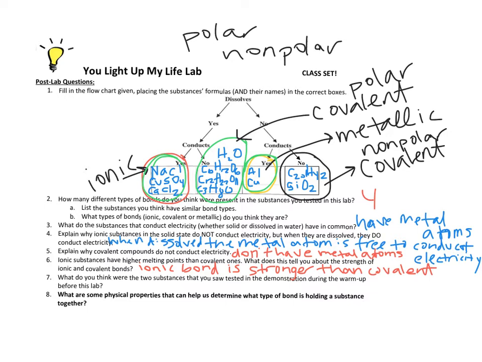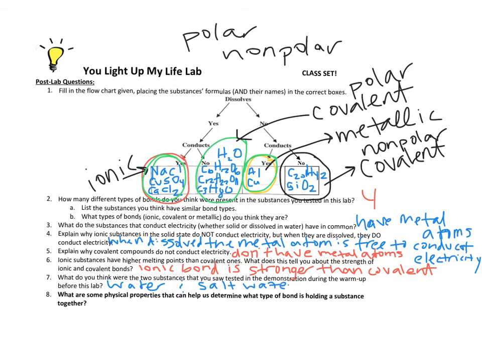All right, and I will tell you a hint here. It is going to be one of the simplest combinations. So the one that did not conduct electricity was just plain water. And the other that did conduct electricity was salt water.